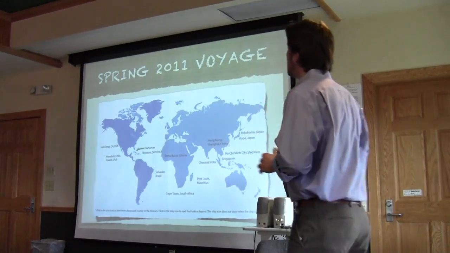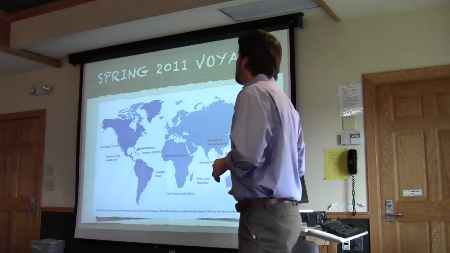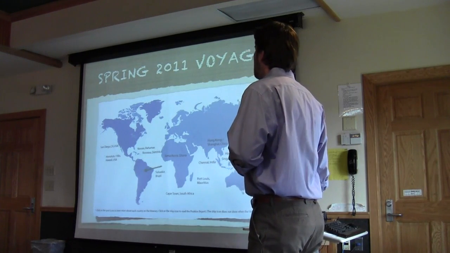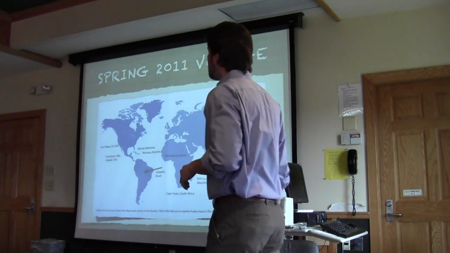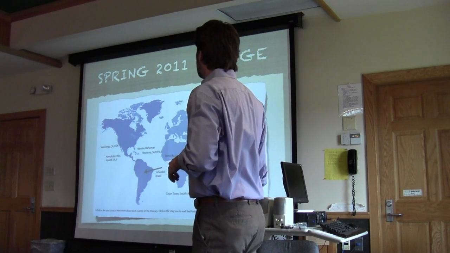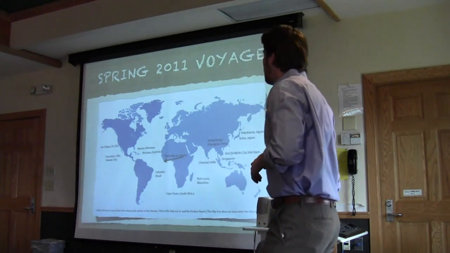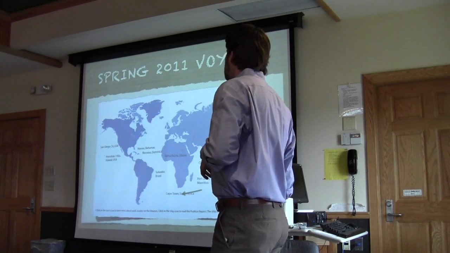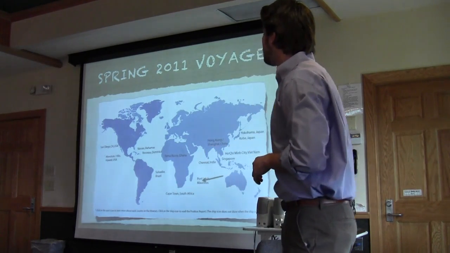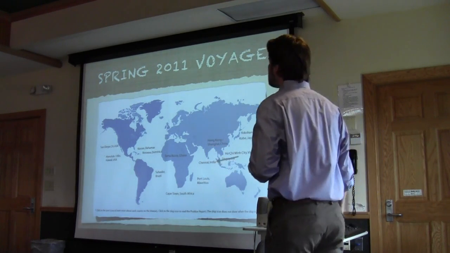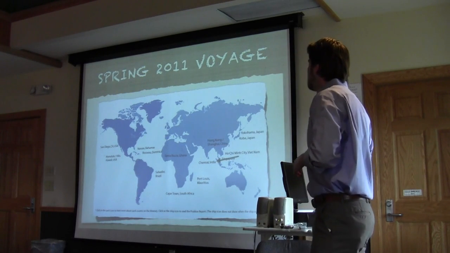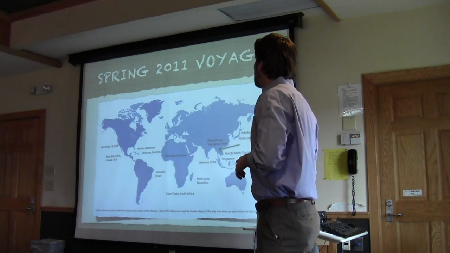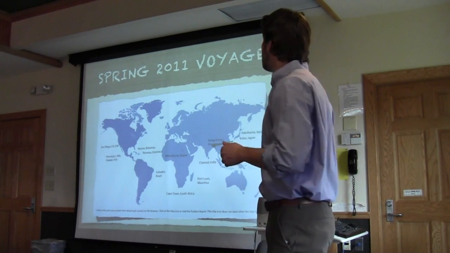So here is the Spring 2011 voyage, starting in Nassau, Bahamas, going to Dominica in the Caribbean, actually going up the Amazon into Manaus in Brazil, then going to Tema and Accra in Ghana, and Takoradi as well, down to Cape Town, South Africa, Port Louis in Mauritius, Chennai in India, southern India, Singapore, Vietnam, and there's Cambodia as well, Hong Kong, Shanghai.